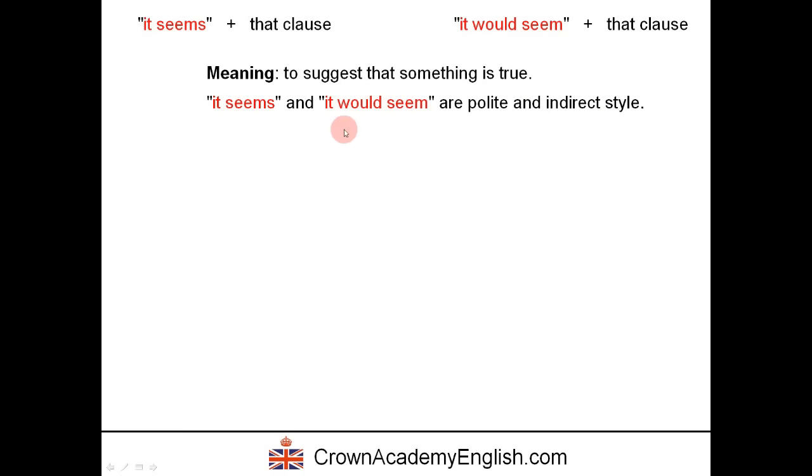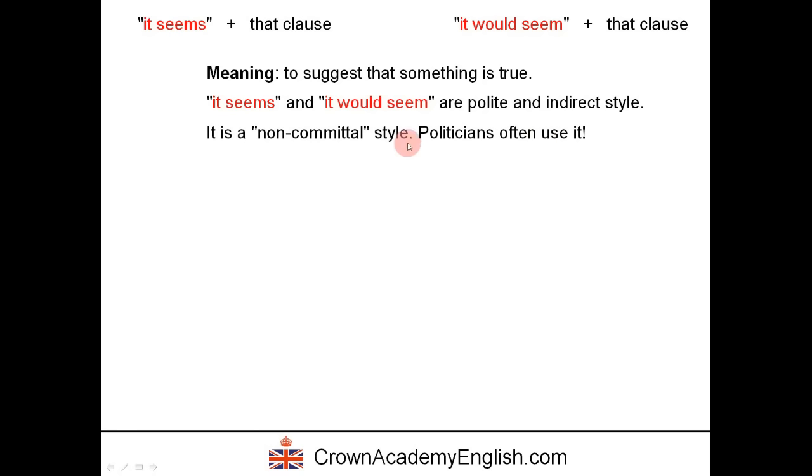So it seems and it would seem, they are both polite, and it is an indirect style of speaking. It's a non-committal style, and politicians often use it for that reason.